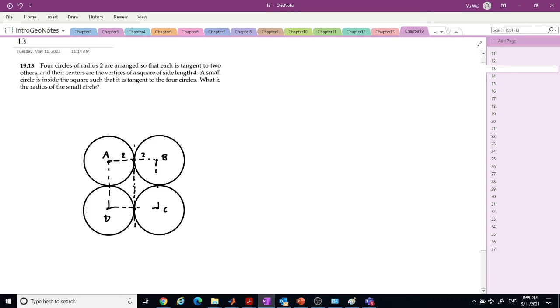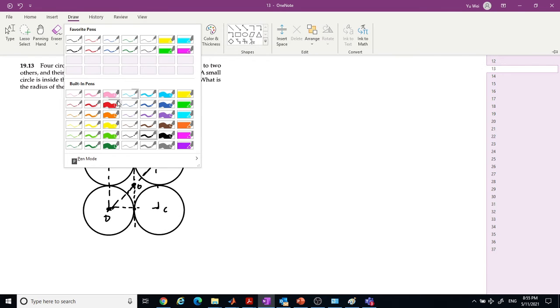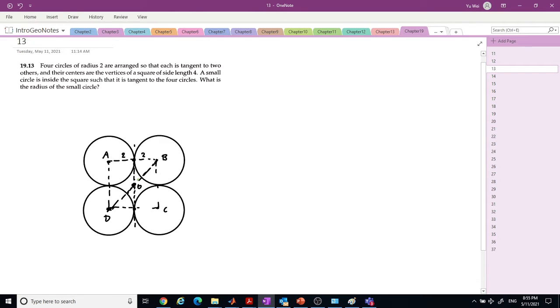We want to find a circle that is tangent to all the 4. By symmetry, we can connect it here, so this must be the center. If this is the radius and this is the radius, right?